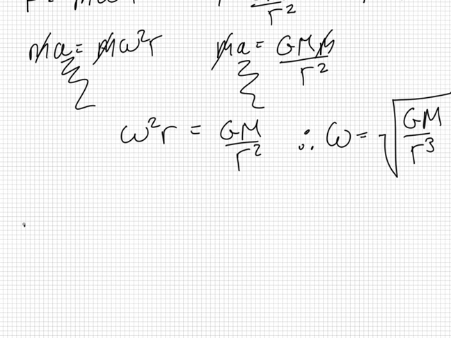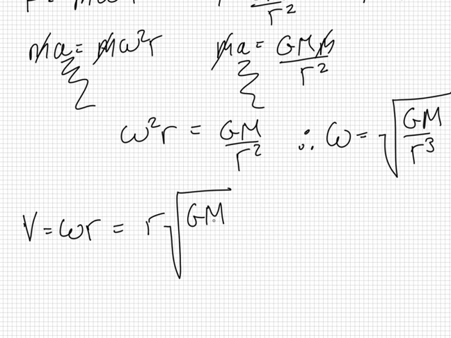So the v, which equals omega r, that will now equal r times the square root of GM over r cubed. Well, I'll borrow a calculator. Thank you. So, let's see. The radius is 2.28 times 10 to the power of 11 times square root. The radius is 2.28 times 10 to the 11, isn't it?